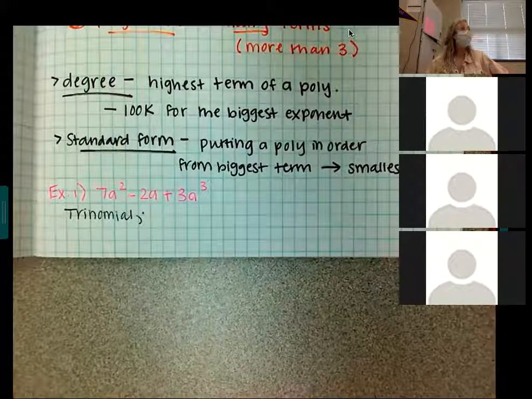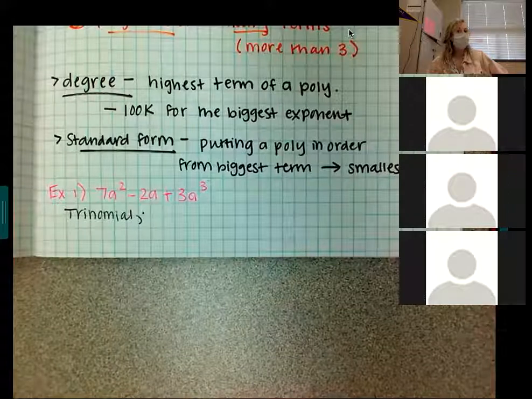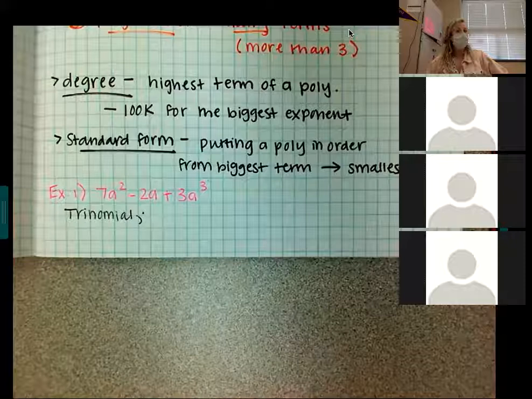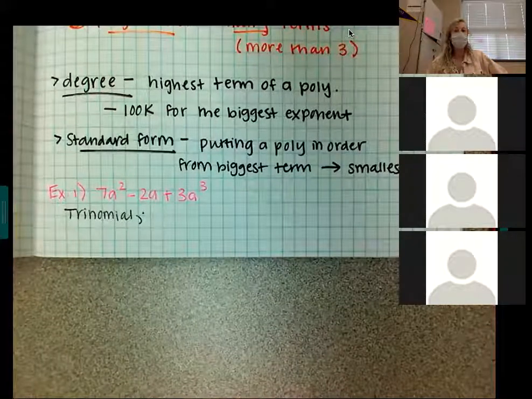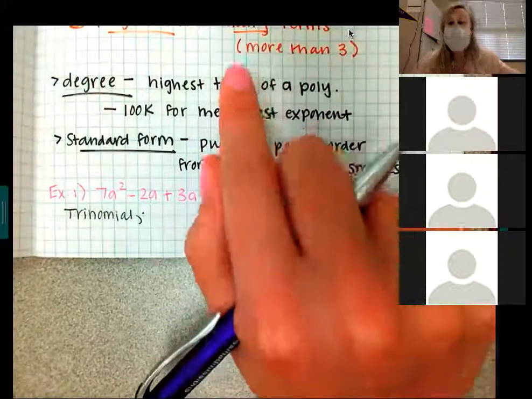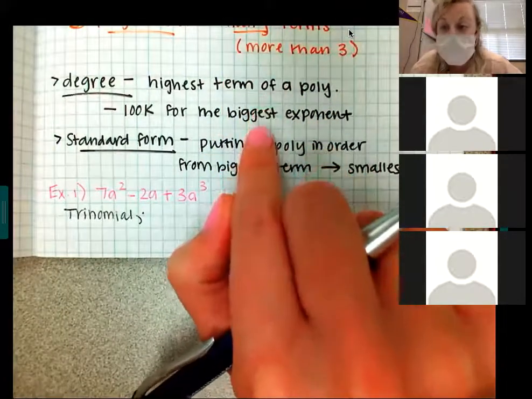Now, which term is the biggest? Before y'all keep saying wrong stuff, you might want to go back and look at what degree meant. Highest term, which means you look for the biggest what? Oh, 3. Okay. They were saying 7a squared. This is a perfect teaching opportunity.